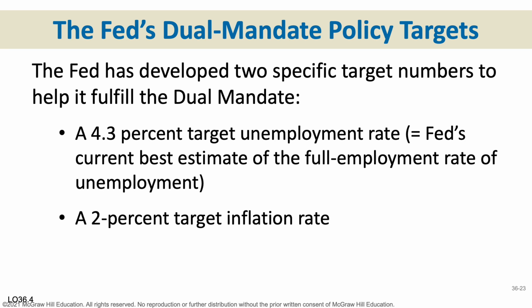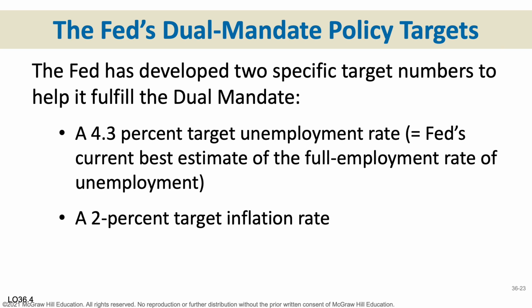The full employment rate of unemployment, or the natural rate of unemployment, was zero cyclical. Hopefully you're remembering that from our unemployment chapter. So that 4.3% is the estimate of when cyclical unemployment is zero, and we just have frictional and structural unemployment. It's that natural rate of unemployment.